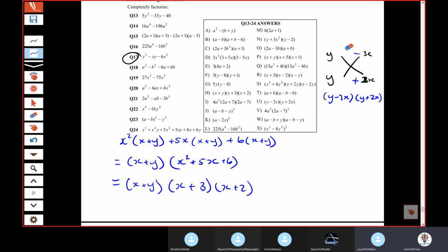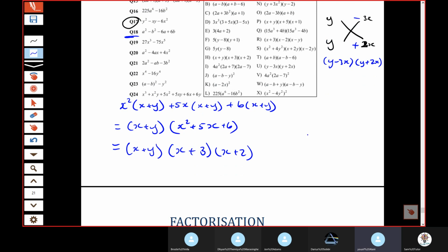I'm having a little bit of trouble on 18 for some reason. 18. Yeah. I'm trying to do like a squared and negative 6a. No, wrong. Look at this. There's something special here. I'm not sure because they don't have a common. Think. Can I use 1?